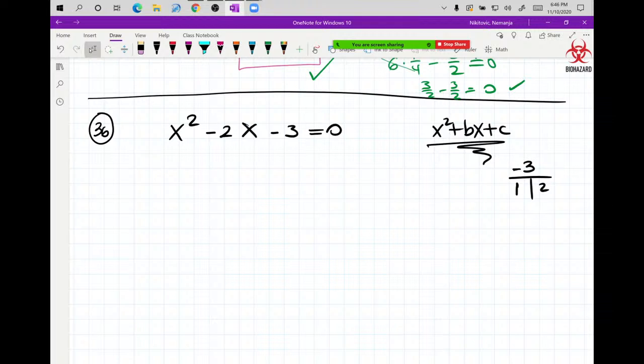And yeah, that doesn't happen. Because negative 1 plus 2 would give us a 1. And if we put a negative here, it will be 1 minus 2, which is negative 1. Neither of the two will give us the 2 we need.